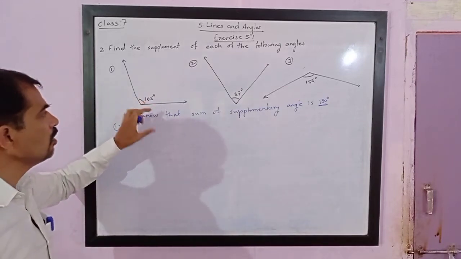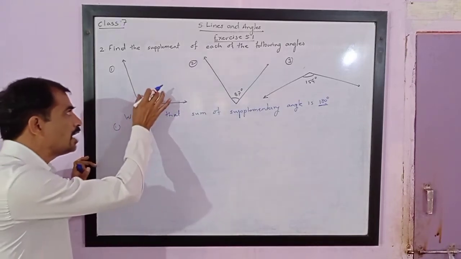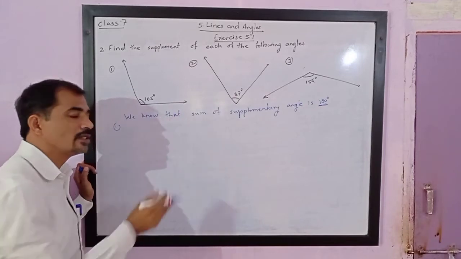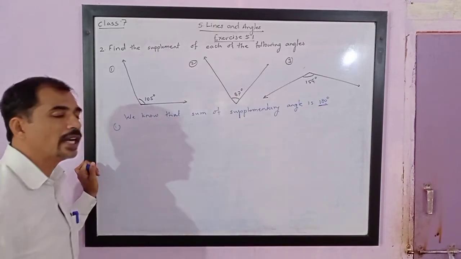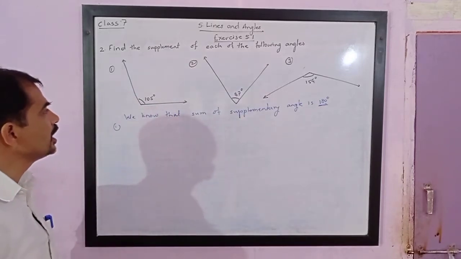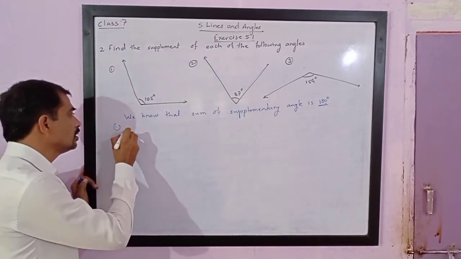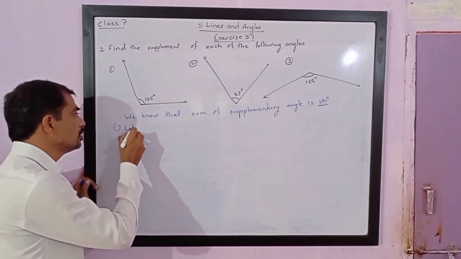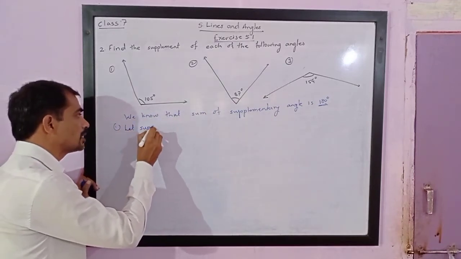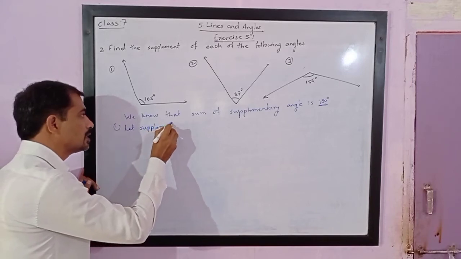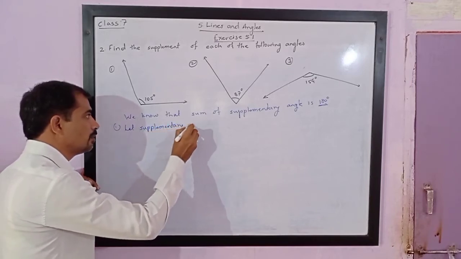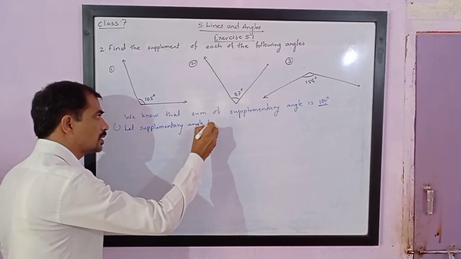We don't know the other angle. Now sum means 105 plus some other angle is equal to 180 degrees. Let that supplementary angle be x.